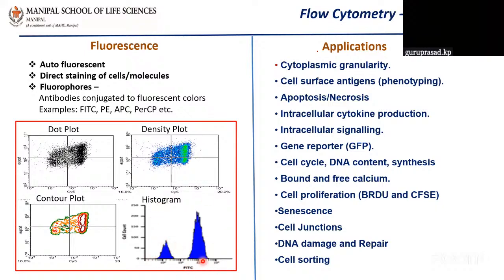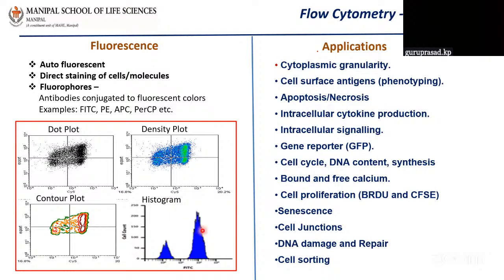The x-axis is the only one parameter, whereas the y-axis will tell you the intensity of the signal given by each and every cell. Say here, one cell is giving a low intensity when compared to the cell giving this very bright intensity here. And again, how many cells are giving that signal is looked at on the y-axis.